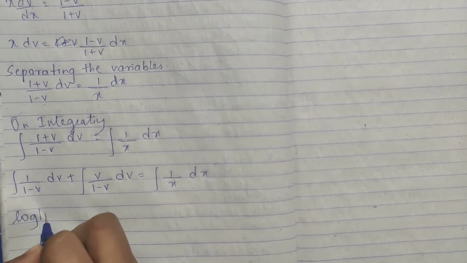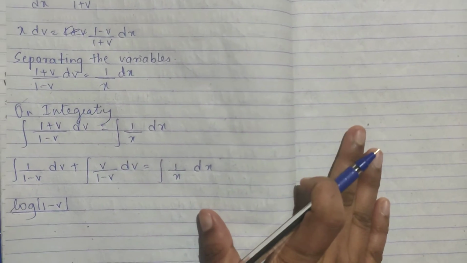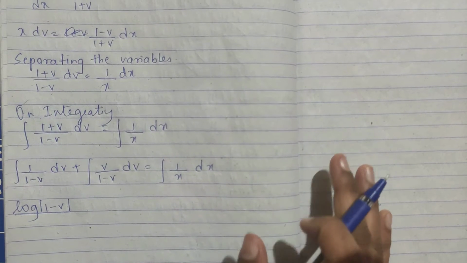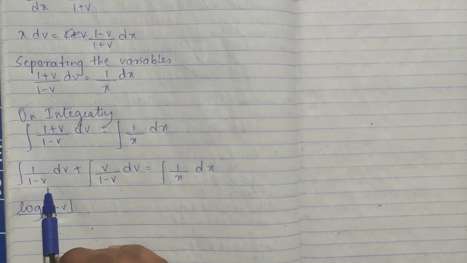So 1 by 1 minus v, it is like 1 by x, right? So this is log of 1 minus v, and here, in place of x, 1 minus v is there, and again a minus is there, so again the interior differentiation. The derivative of minus v is minus 1.